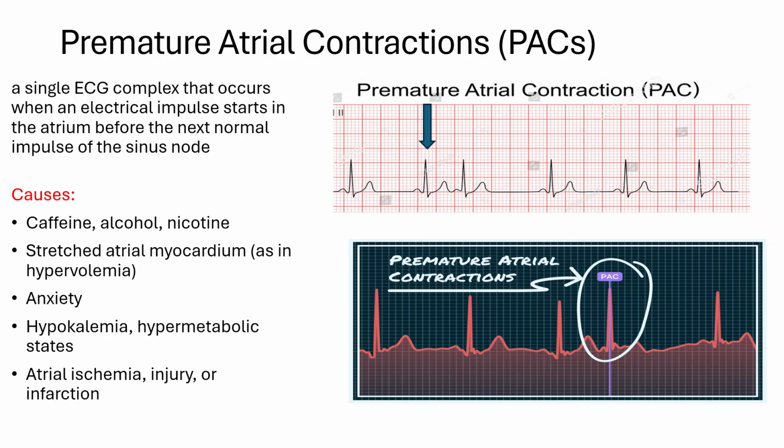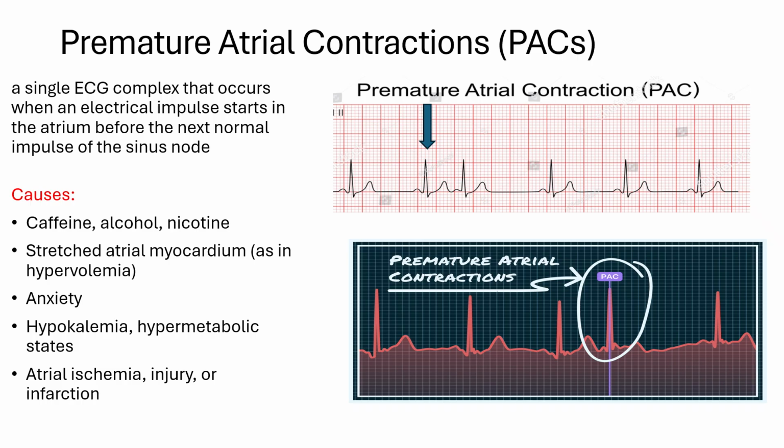So you'll see a lot of times before a patient transitions into AFib, they have frequent PACs. And PACs can also be caused by things such as caffeine, alcohol, nicotine, hypervolemia, electrolyte imbalances such as hypokalemia, anxiety, atrial ischemia, injury or infarction.